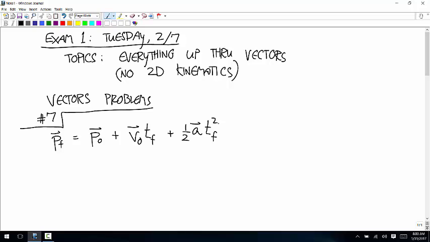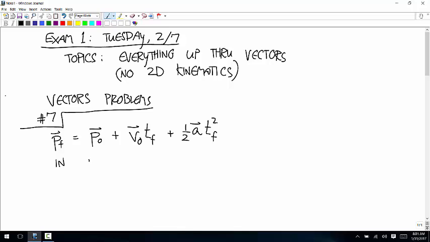And this is a vector-looking version of one of the kinematics equations along a line, right? So we're just going to break this up into components, do the vector math, and then think about what it tells us. We haven't talked about this equation yet, but it is an equation that we're going to use when we start talking about 2D kinematics.